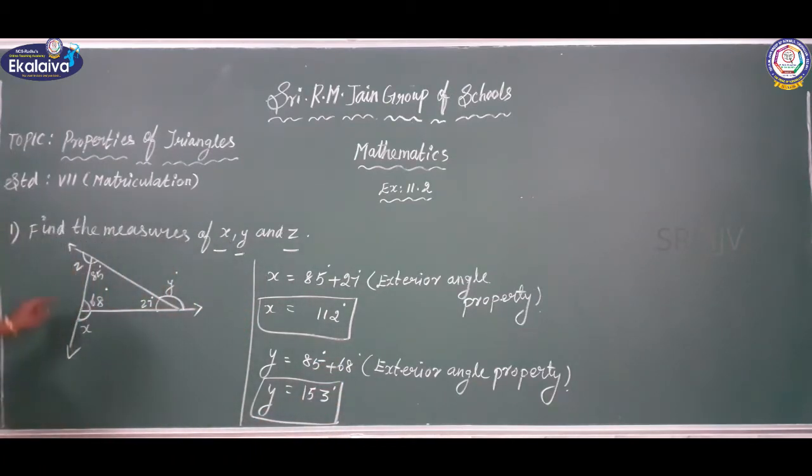Next we need to find out the Z. Okay. This is an exterior angle, the opposite interior angles. Which are the opposite interior angles? 27 and 68.